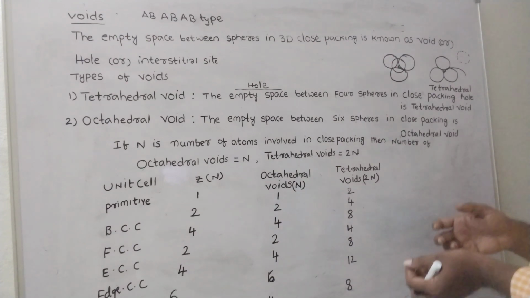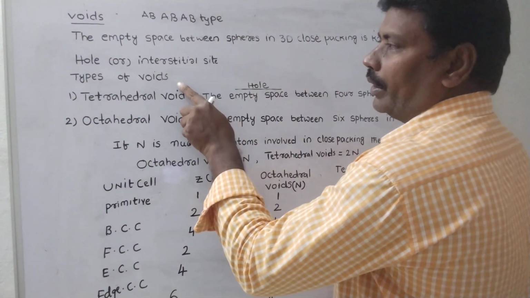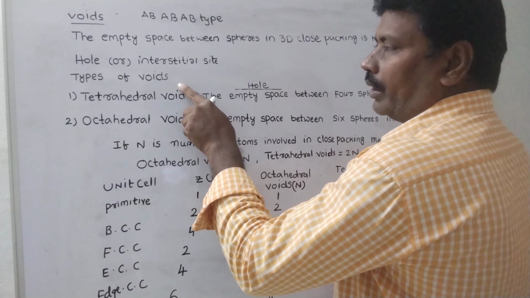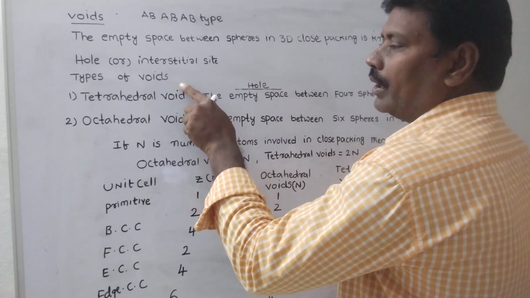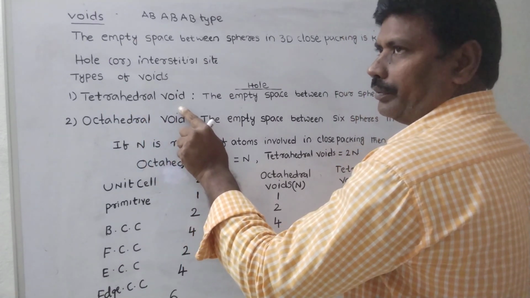So generally two types of voids are observed in a three-dimensional close packing. The first one is the tetrahedral void.